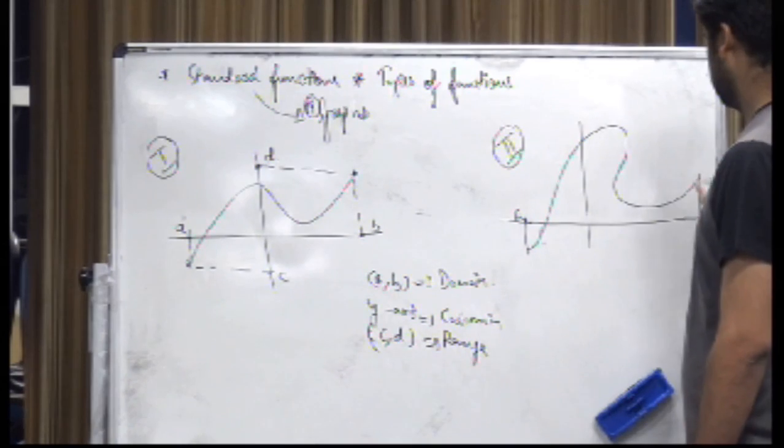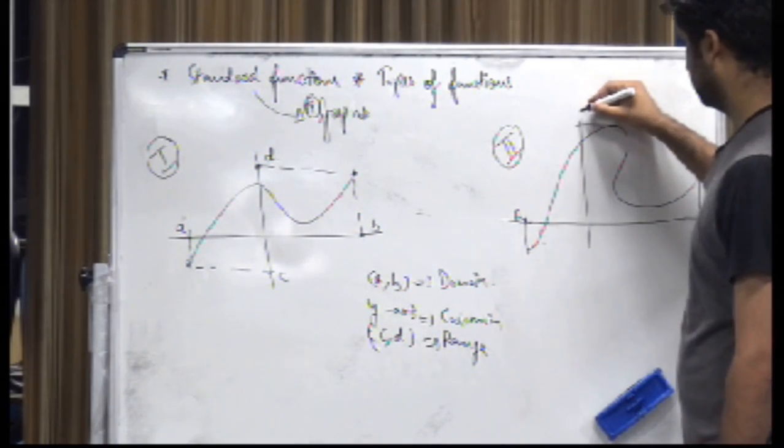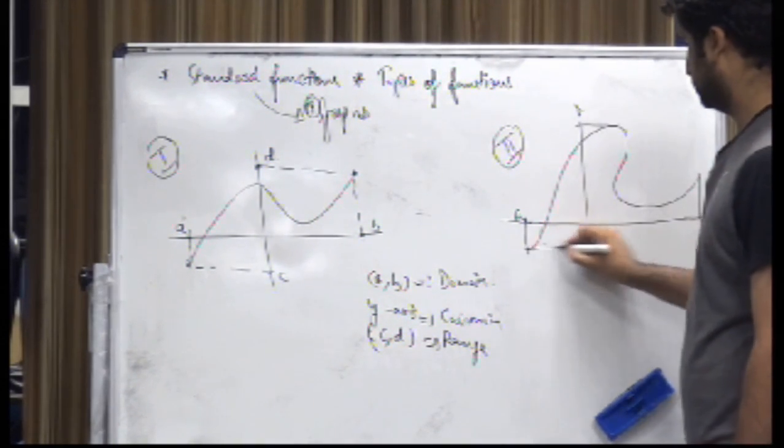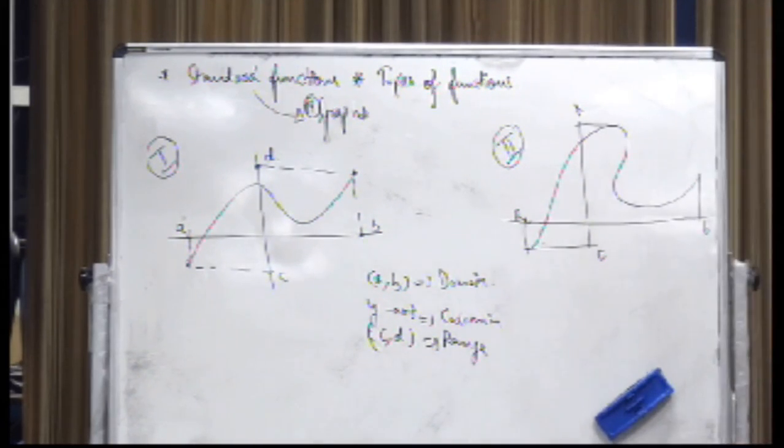Domain is from A to B. What is the domain and range of this function? A to B and C to D. Sure? A to B, C to D. Okay.